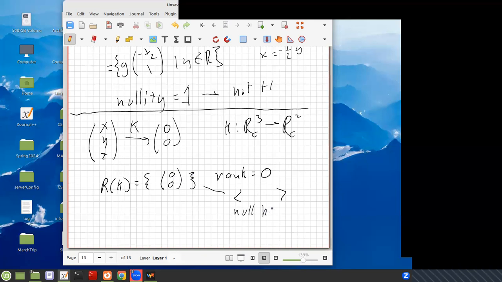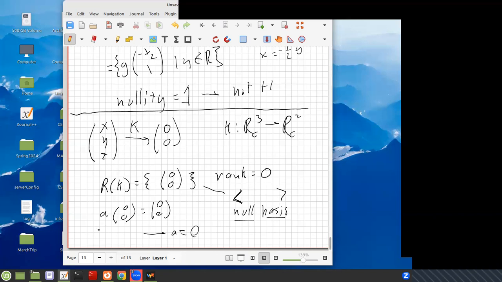A basis has to be linearly independent, right? The only vector you could conceivably put in here would be 0, 0. But 0, 0 times A, if I set that to be 0, does that imply that A equals 0?